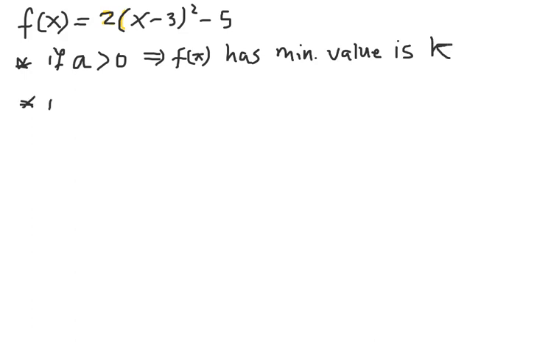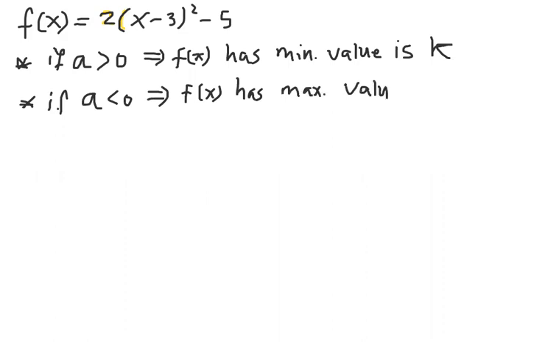And second, if a is less than 0, f of x has a maximum value, which is k. This is k, and this is h. So here, this is a, the number 2 is a. This is h. This is k.